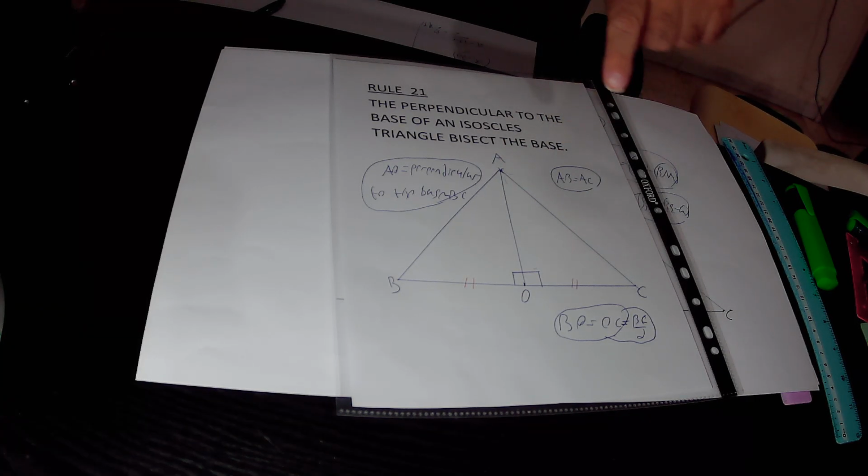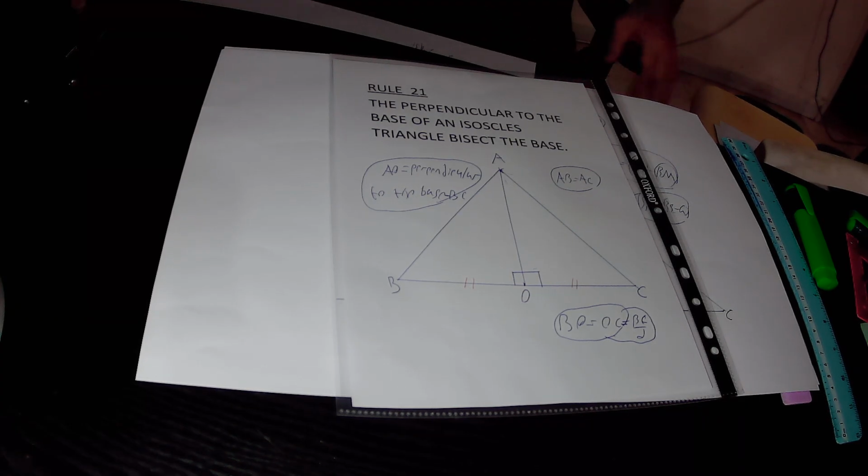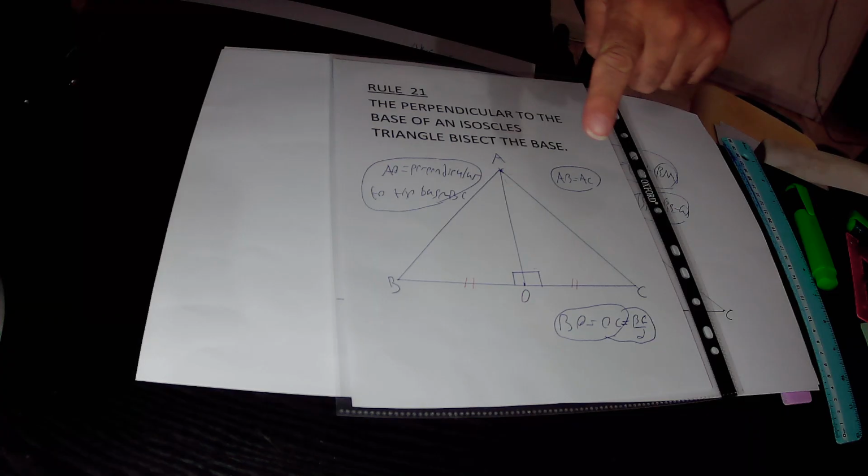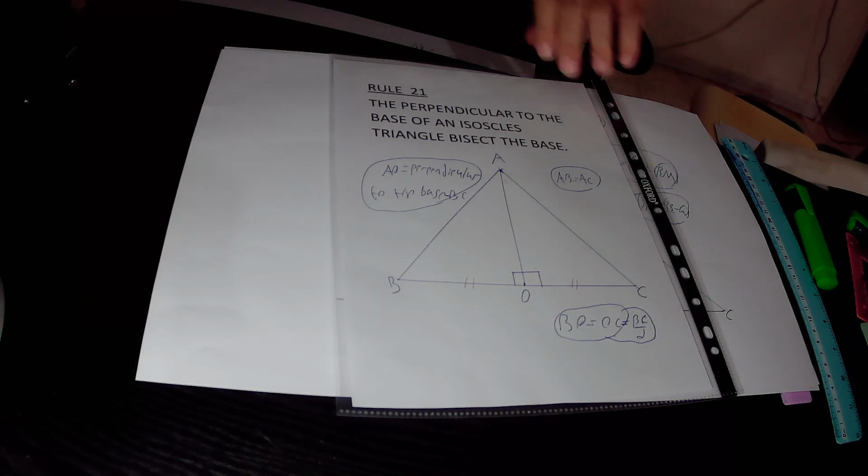According to rule 21, the perpendicular AO bisects the base BC. That is to say, it divides the base BC into two halves. The first half BO must be equal to the second half OC, and each half must be equal to BC over 2. So BO equals OC equals BC over 2.